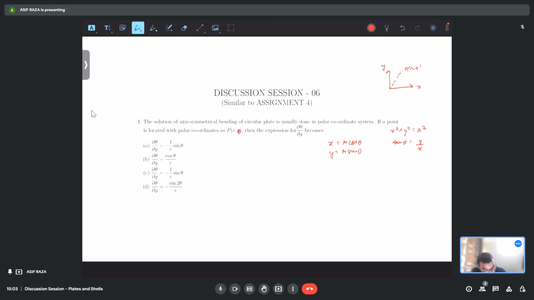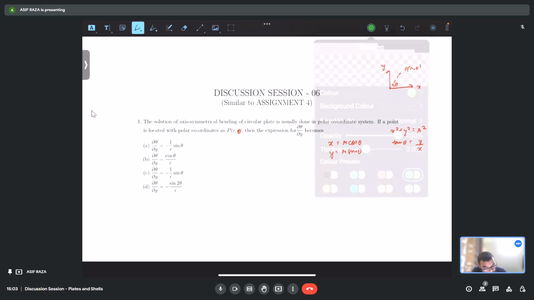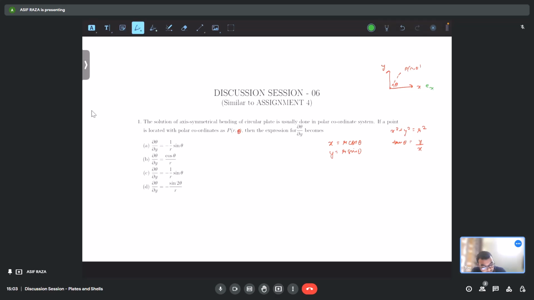So this is my theta. If this direction is ex and this is ey, so this would give me er and this gives me e theta.